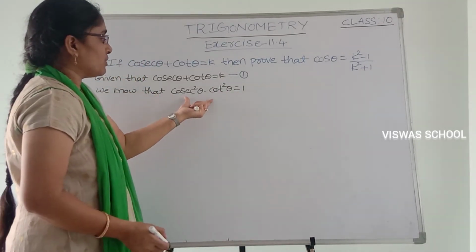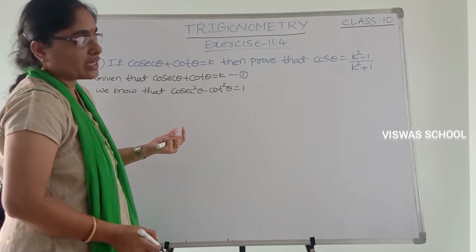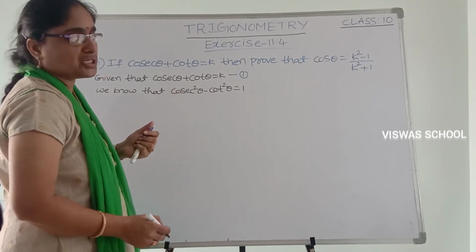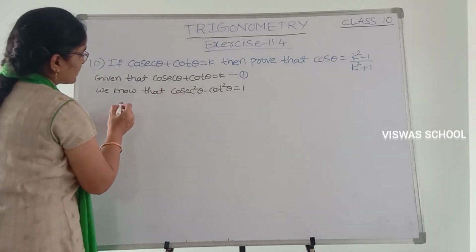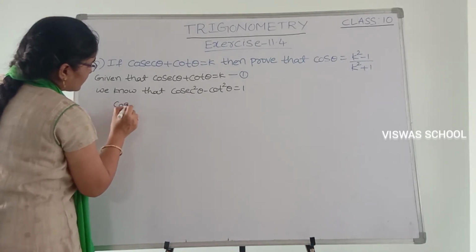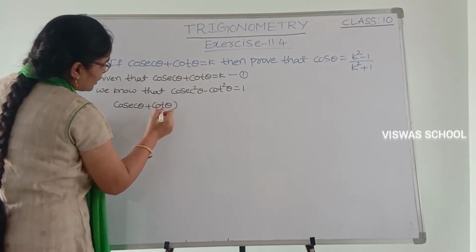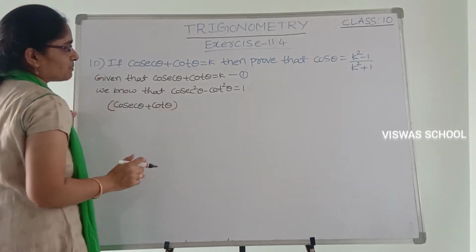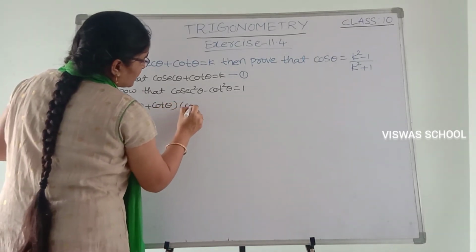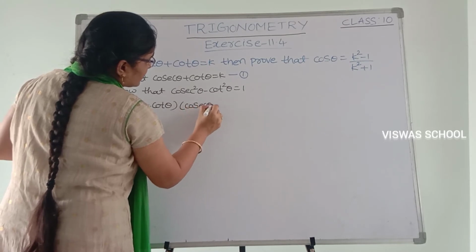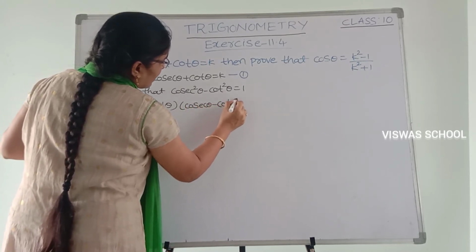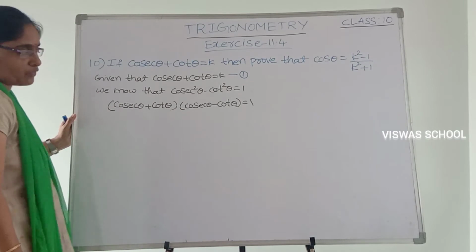Now it is in the form of a square minus b square, that is (a plus b) into (a minus b). Write this as (cosecant theta plus cot theta) into (cosecant theta minus cot theta) is equal to 1.